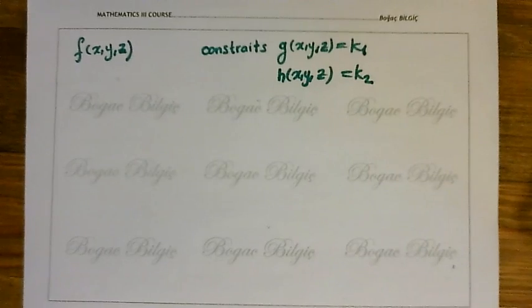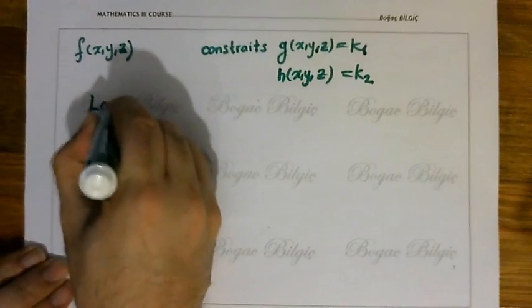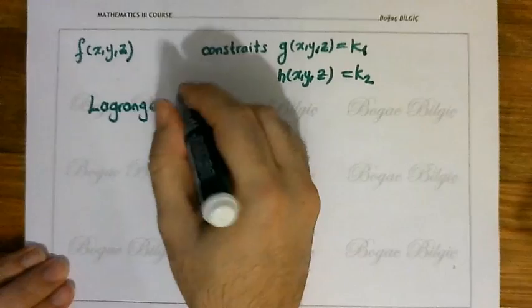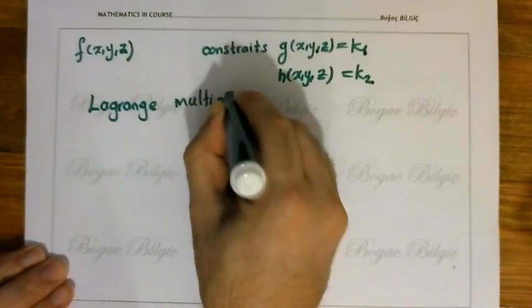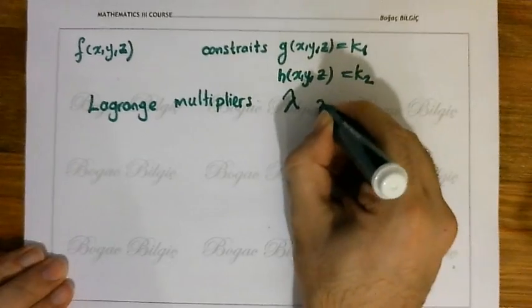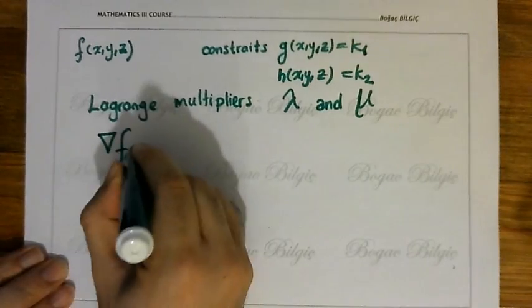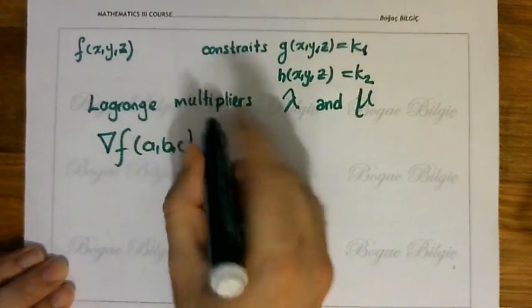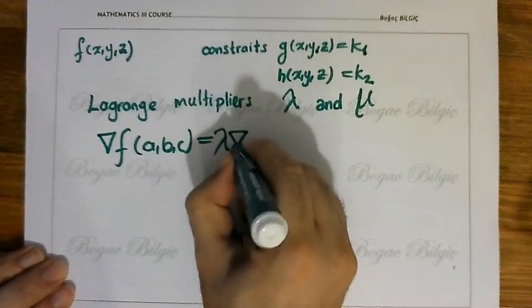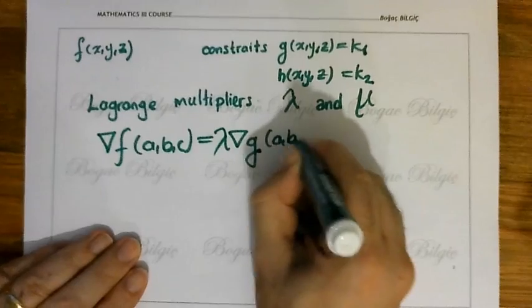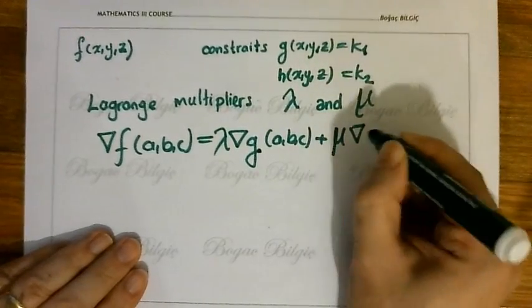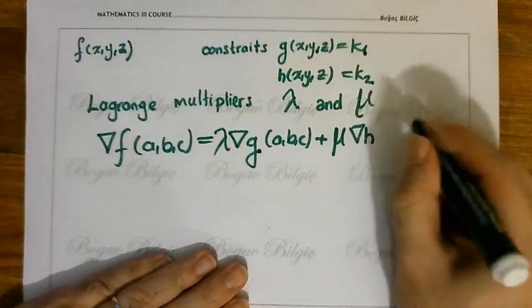It can be shown that if f has an extremum at (a, b, c) subject to these constraints, then there are Lagrange multipliers lambda and nu such that grad f at the point (a, b, c) is equal to lambda grad g(a, b, c) plus nu grad h(a, b, c).